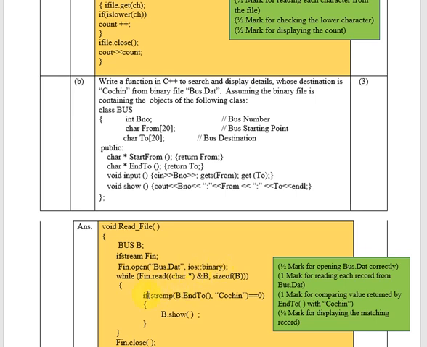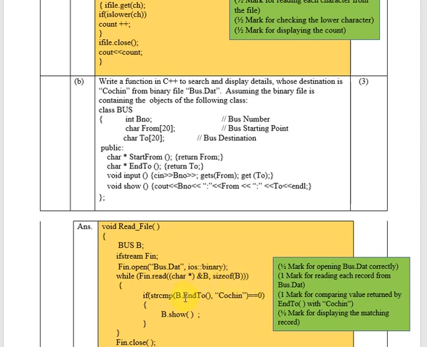Now to read the file, we will give this statement: while(fin.read((char*)&b, sizeof(b))). So this statement will read the file from beginning till end. Now we will check if strcmp(b.n2(), "Cochin") equal to 0. As we give this statement fin.read, the data of the first record from the file will come to the buffer b.